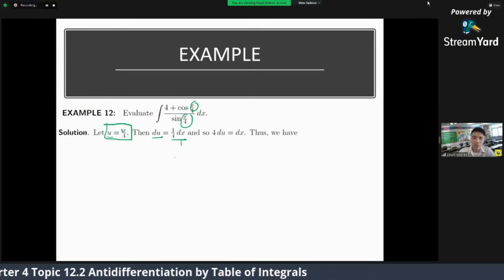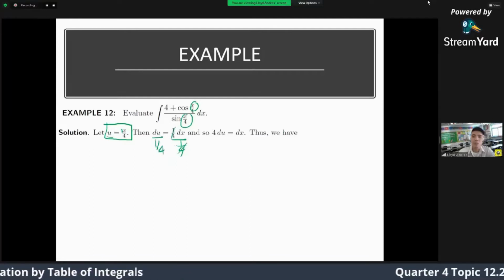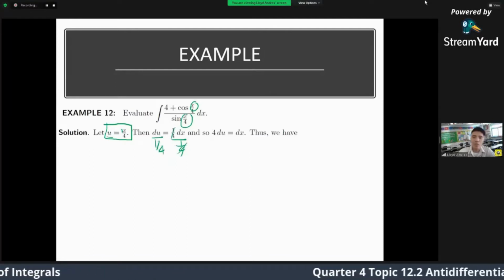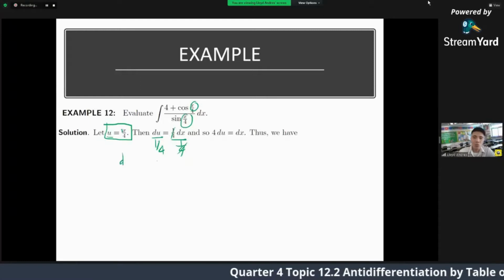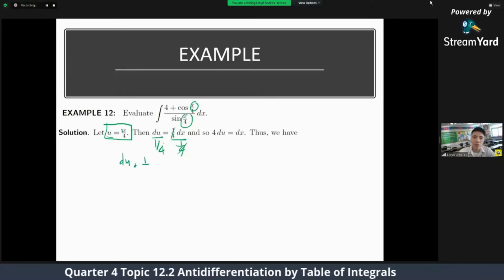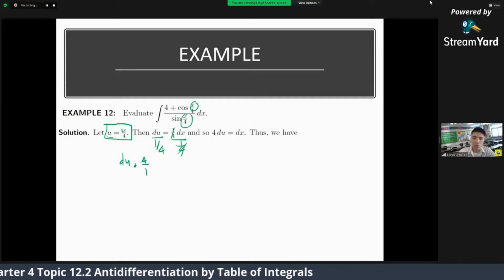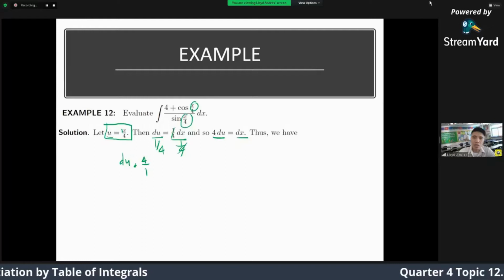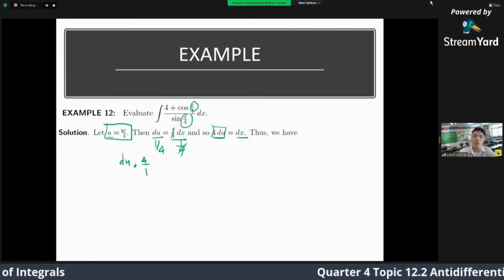Then dividing both sides by 1/4, or multiplying by 4, since du divided by 1/4 is just du times the reciprocal of 1/4, which is 4 over 1. So 4 du equals dx. Now we have dx.